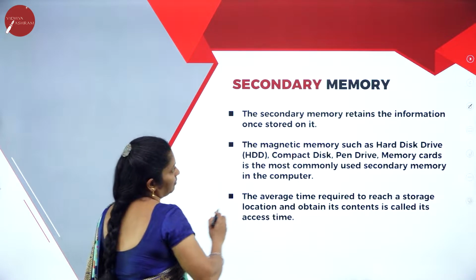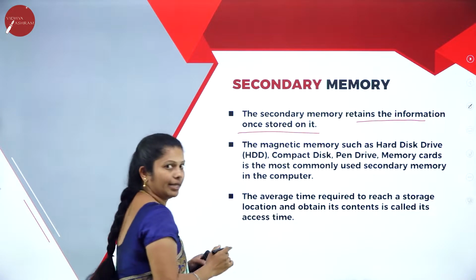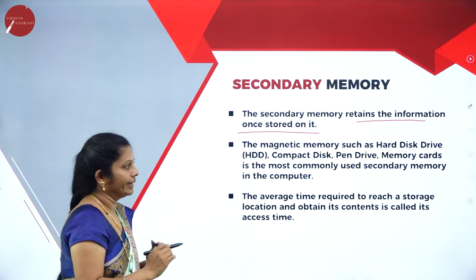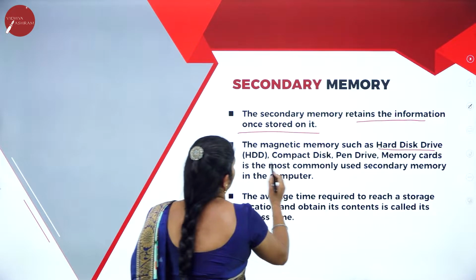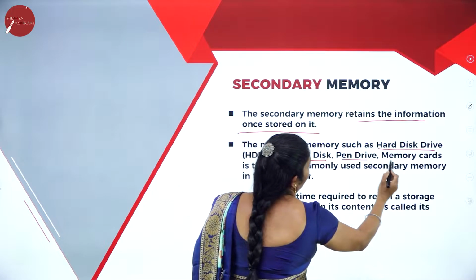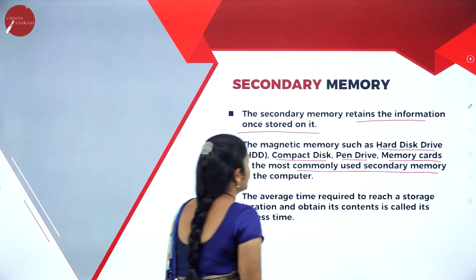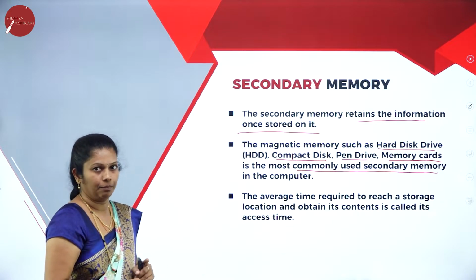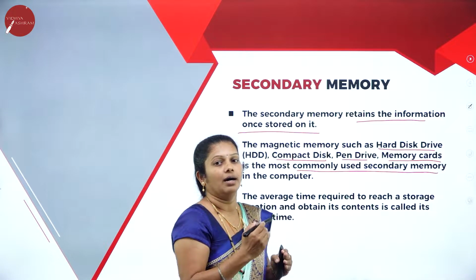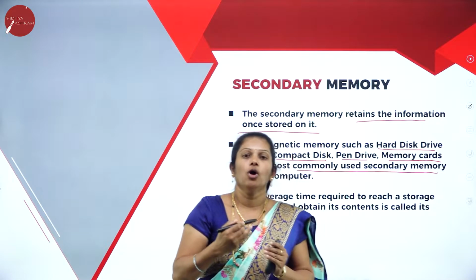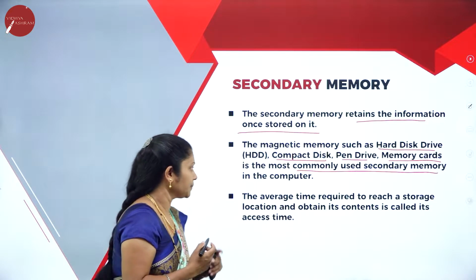The secondary memory retains the information once stored on it; it stores the data permanently. Magnetic memory such as hard disk, compact disk, pen drive, and memory cards are the most commonly used secondary memories in a computer. Examples of secondary memory are hard disk, floppy disk, and pen drive; all of these we call secondary memory storage devices.